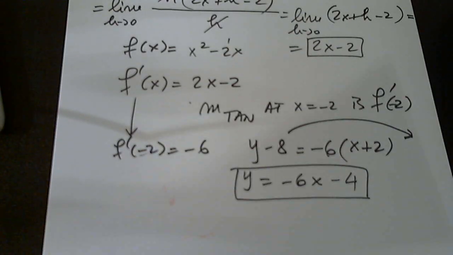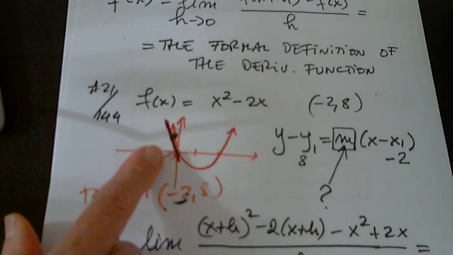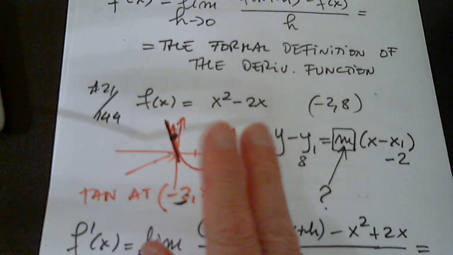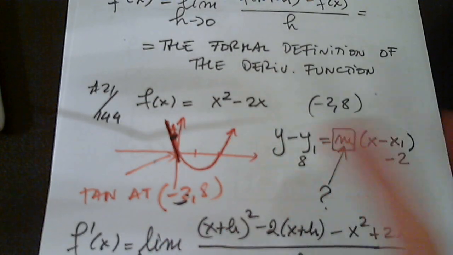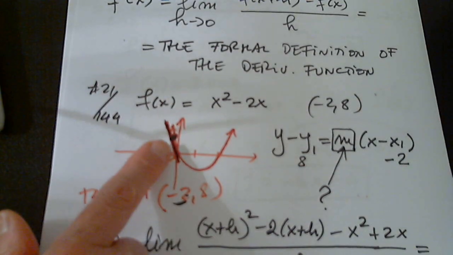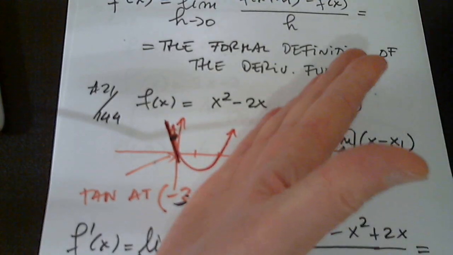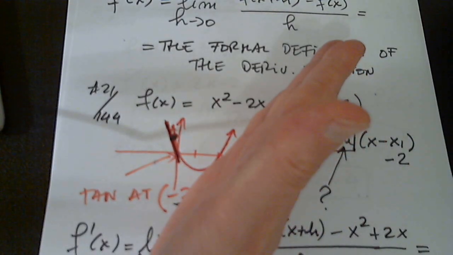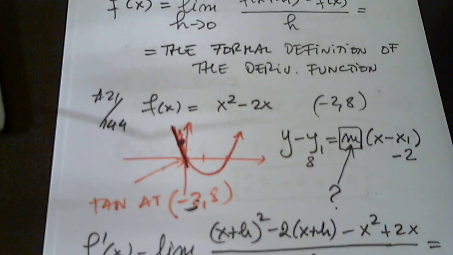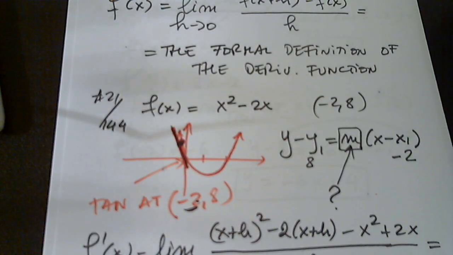Notice that in algebra, you would have never been able to determine this because you were not given 2 points. You can't be given 2 points because this is the tangent. The tangent does not cross the graph in 2 points. It's tangent. It touches it in 1 point. So algebra would not have worked here.